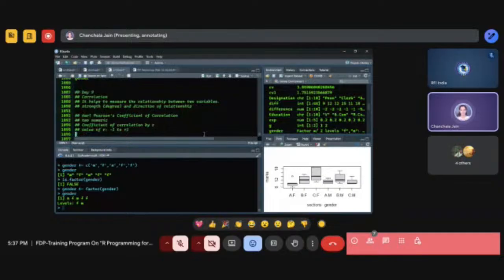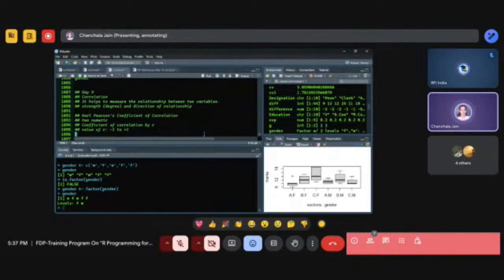That means the minimum value of r can be -1 and the maximum value can be +1. r can be any value between these two extreme values: +1 on the upper side and -1 on the lower side.